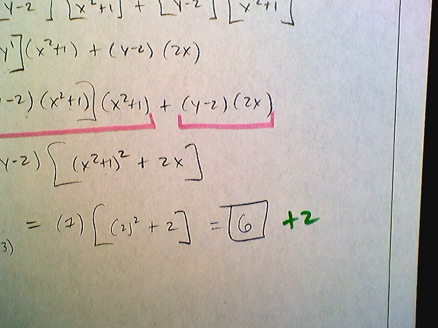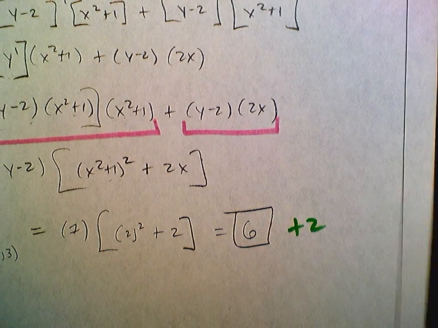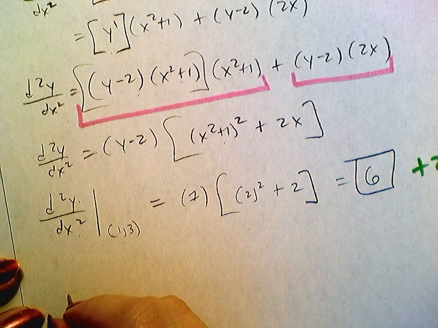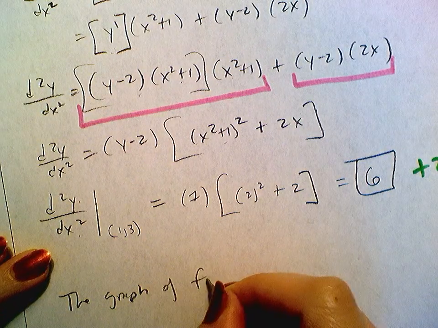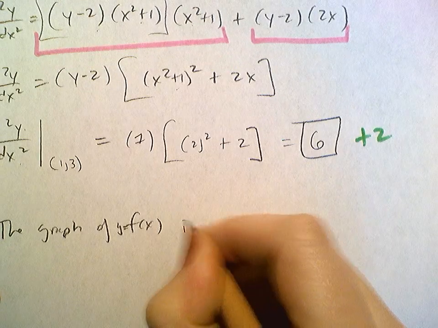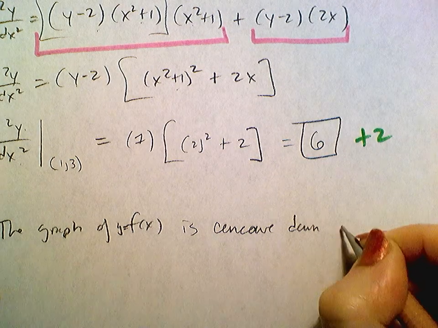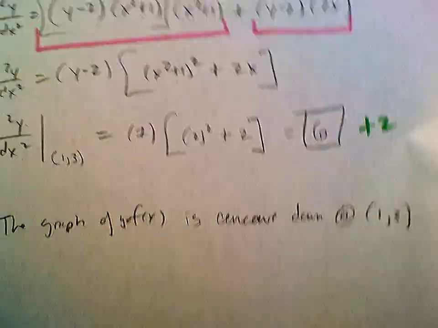And there's only one more point to get. We've got to tell them if the graph of y equals f of x is concave up or concave down at this point. So the graph is concave down at 1, 3, and then you have to say why.